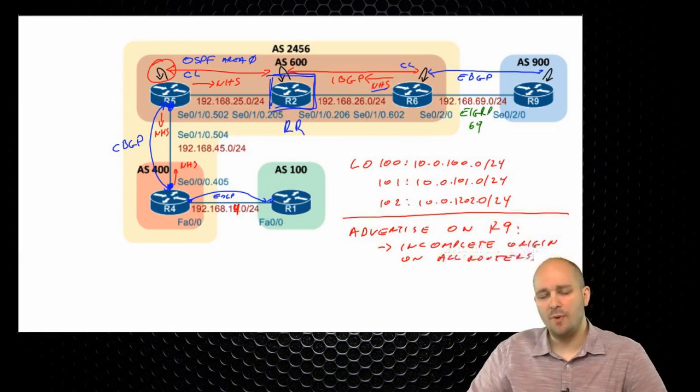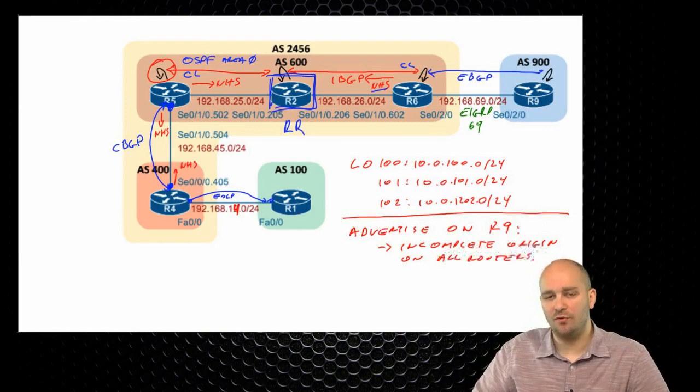So here's my question to you. How would you advertise these routes in BGP and have them have incomplete origin?